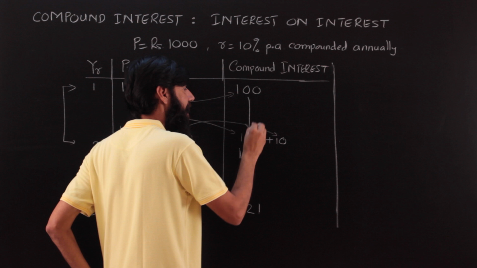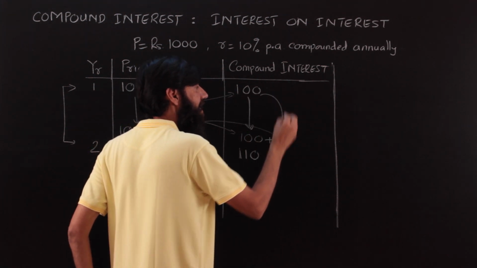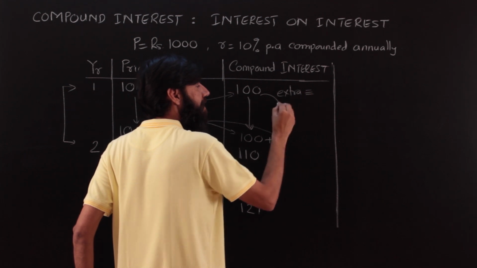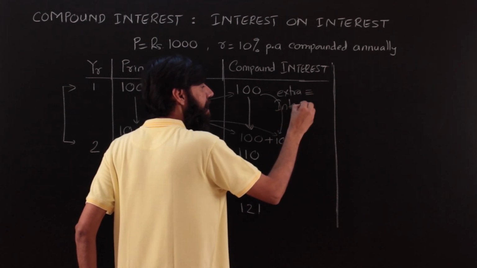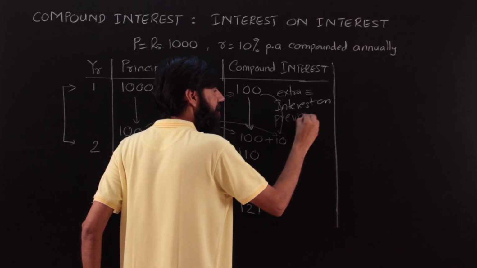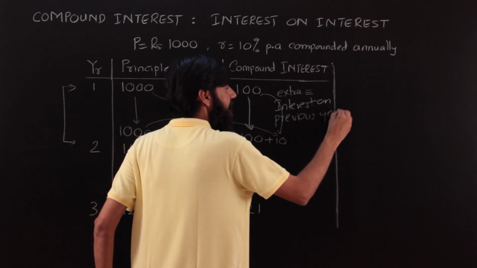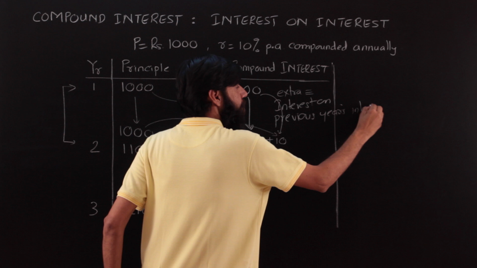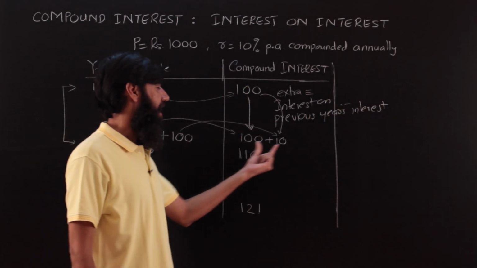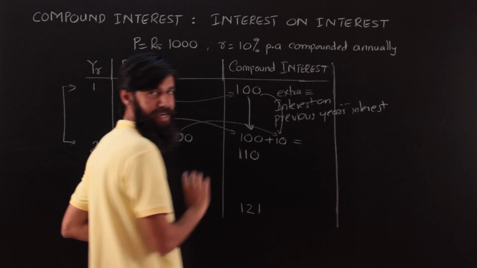So I look at it that the 100 I do get, and this extra 10. This extra money that I get is nothing but the interest on previous year's interest. So this is the meaning of interest on interest, right? So 100 plus 10 will become 110.